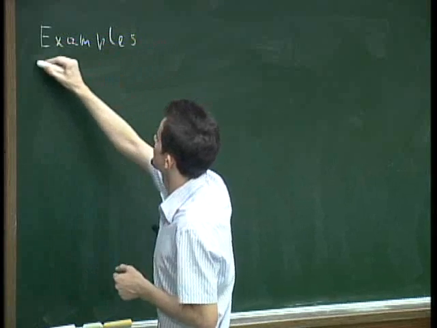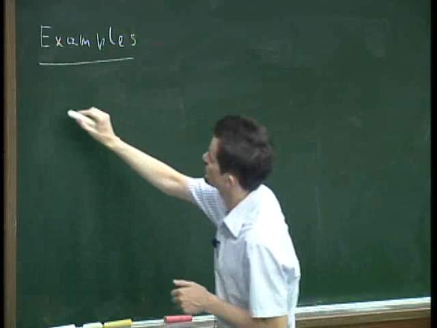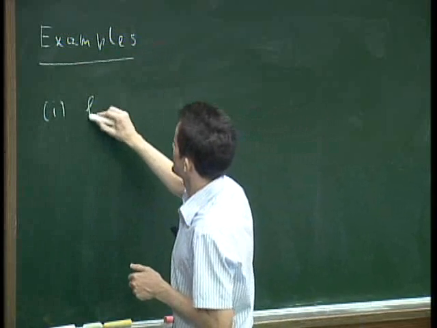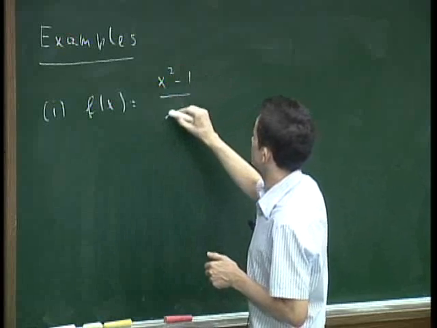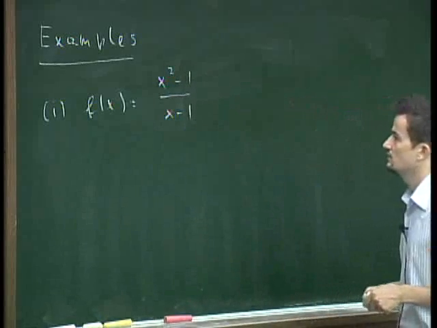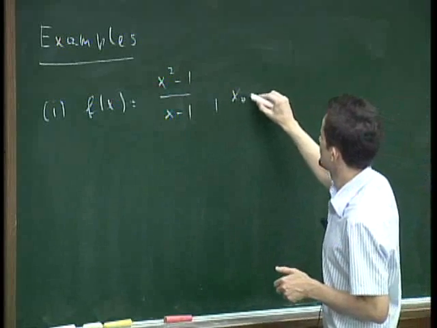So for instance, let's look at a couple of examples. Okay, so let's look at the first example. f of x is equal to x squared minus 1 over x minus 1, x0 is equal to 1.